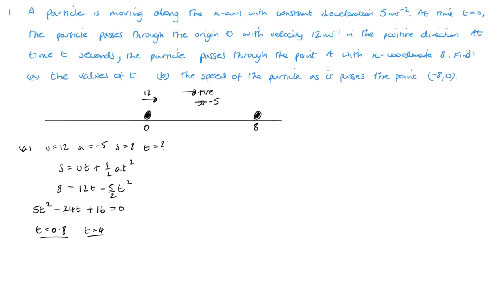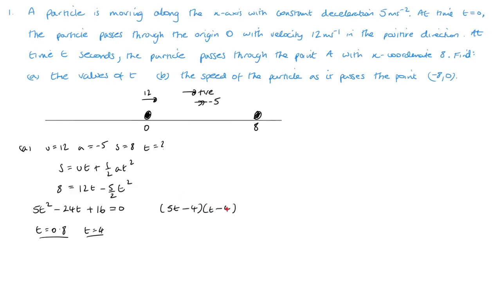Now, like I said before, you need to not just jump straight to the answers here. You do need to show some of your method. So either factorize it, i.e. 5t and t, and this will be 4 and 4, won't it? Both of these being minus, and that would work then.